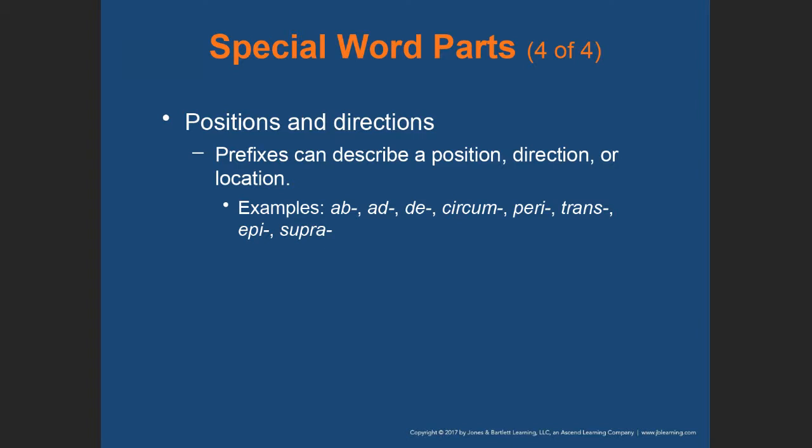Abduct, move away from. So ab is to move away from. Ad is to move towards. De means to move downward. Circum, circular. Peri, around. Trans means to pass through. Epi is above. Supra means it's close to the surface or top.